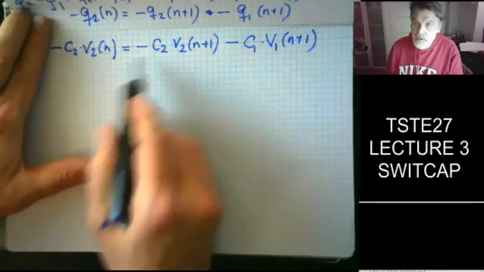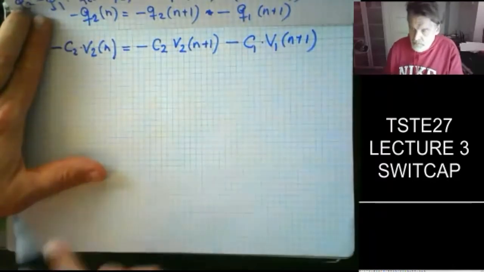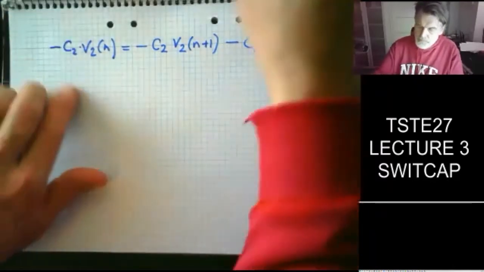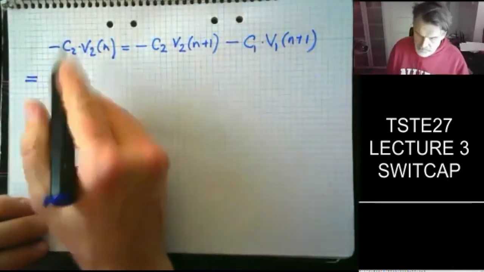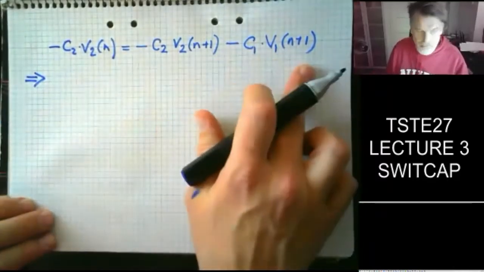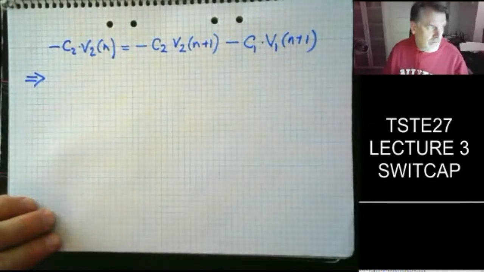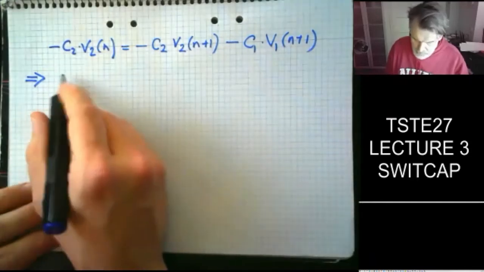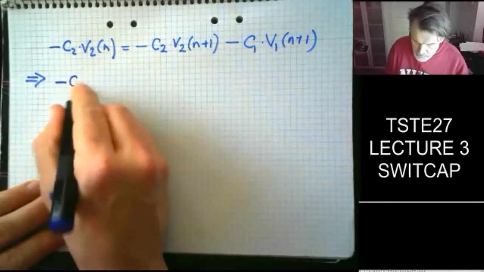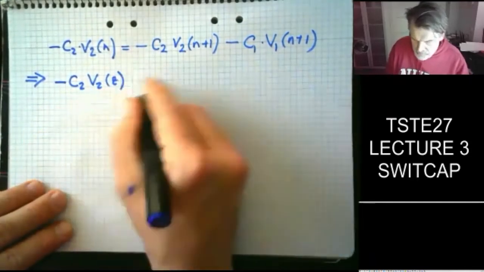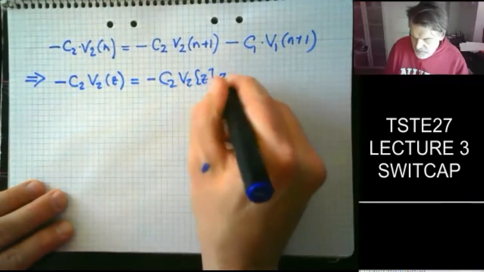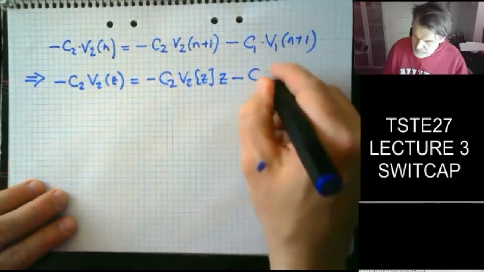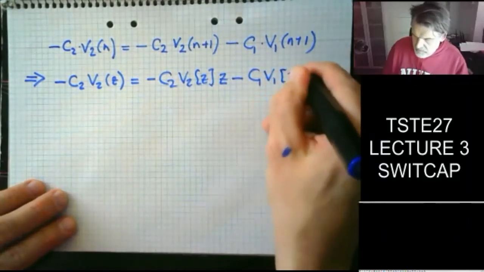And now I use the 2 here, even though V2 is V out and V1 is V in. Right, and then we're actually down to the same function we used to have. So if I go to the Z transform, we see that this is equal to, let's do the steps here, minus C2 V2 of Z is equal to minus C2 V2 of Z times Z minus C1 of V1 of Z times Z.